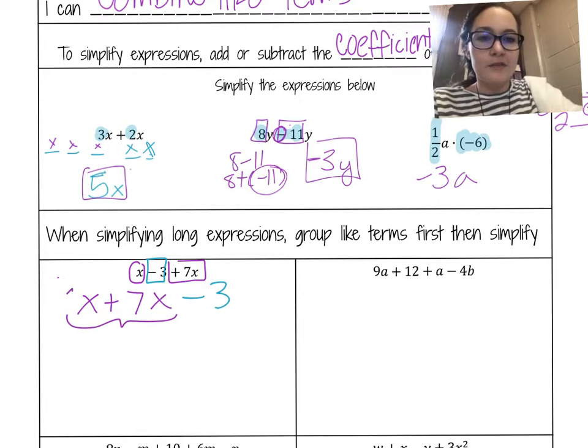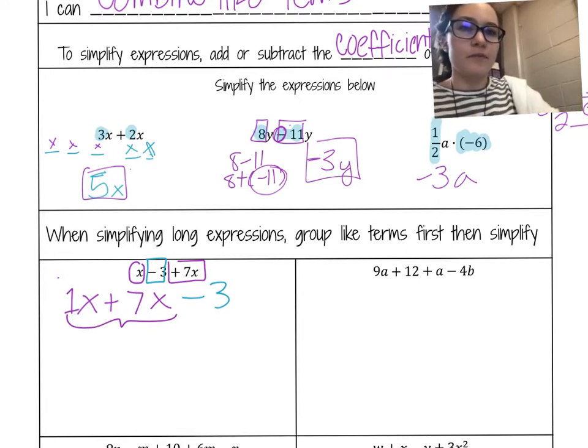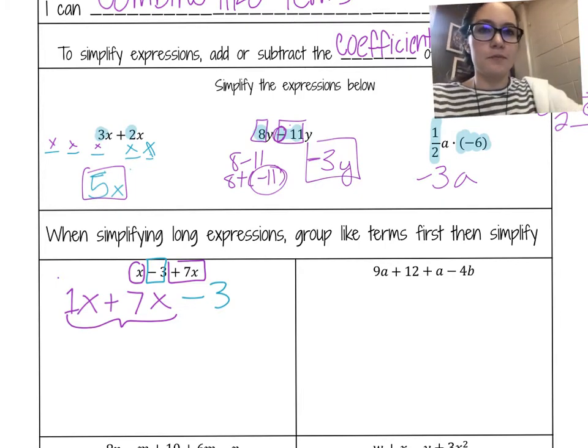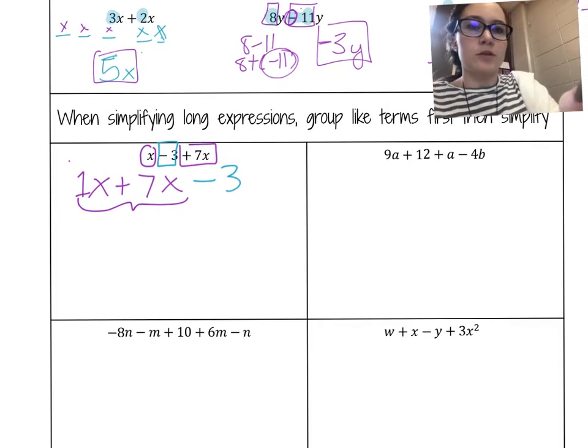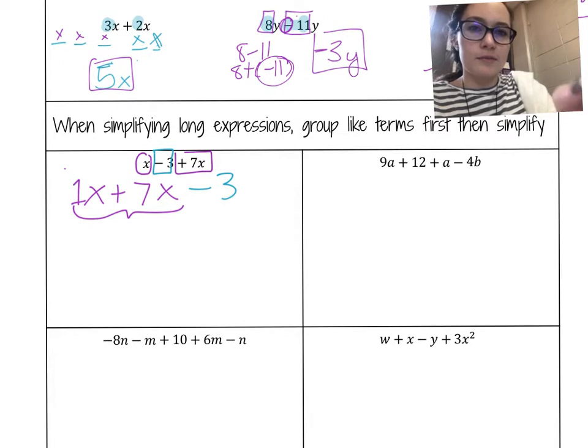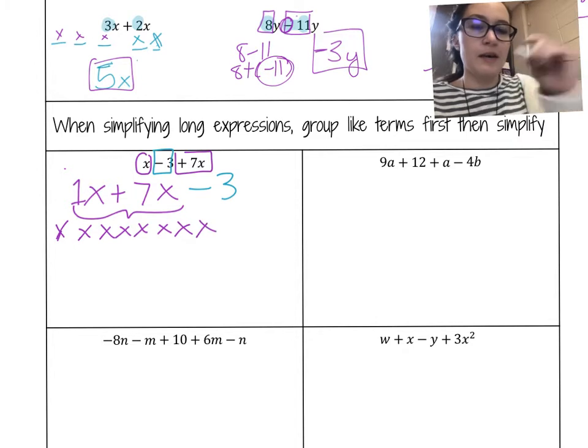This x has an invisible 1 in front of it. And I want to draw it for you again. So let's say I have 1x. So 1. And I add 7 more. 1, 2, 3, 4, 5, 6, 7.